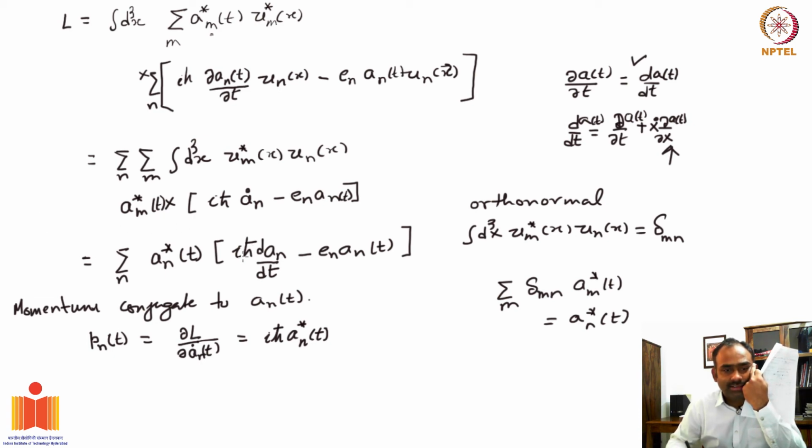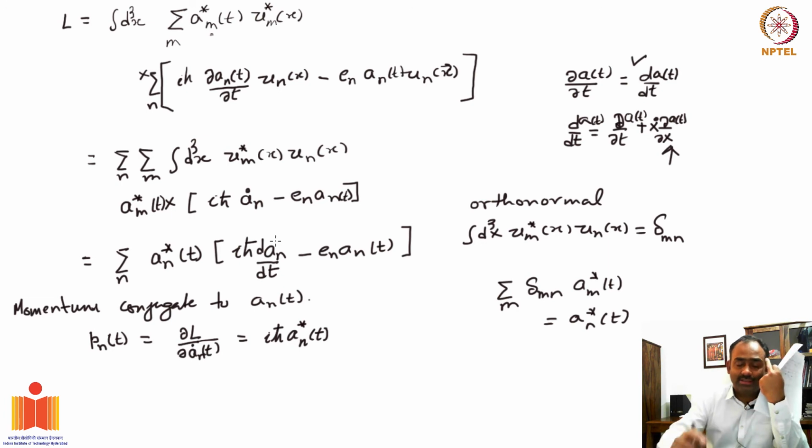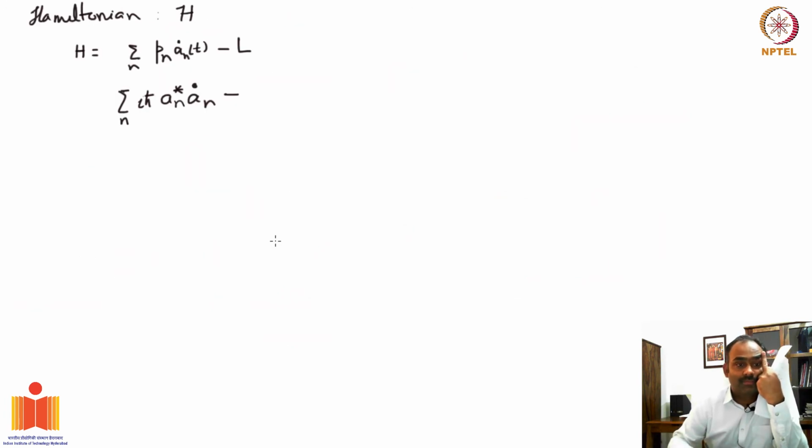So this is iℏ An star An dot, iℏ An star An dot.